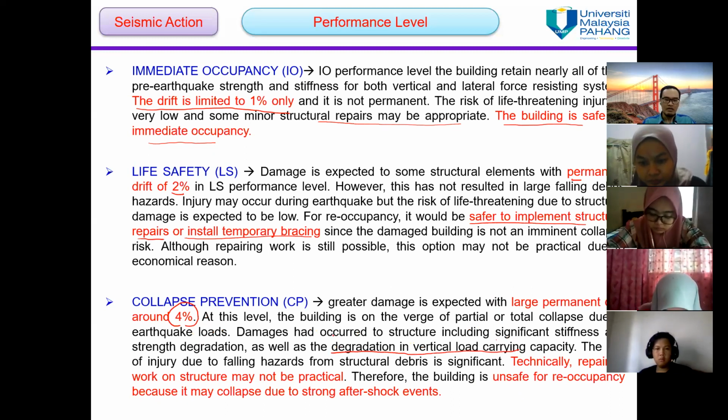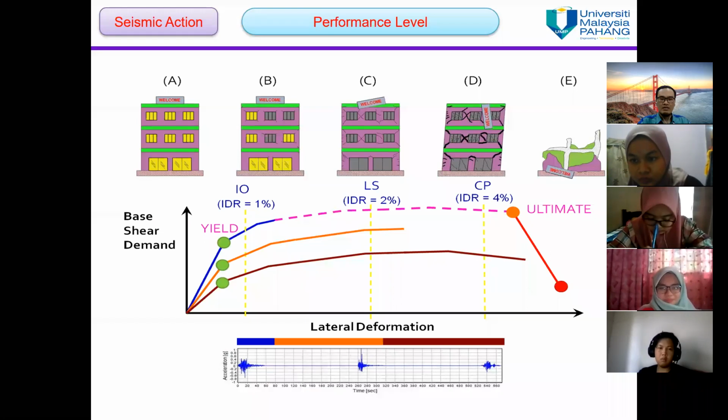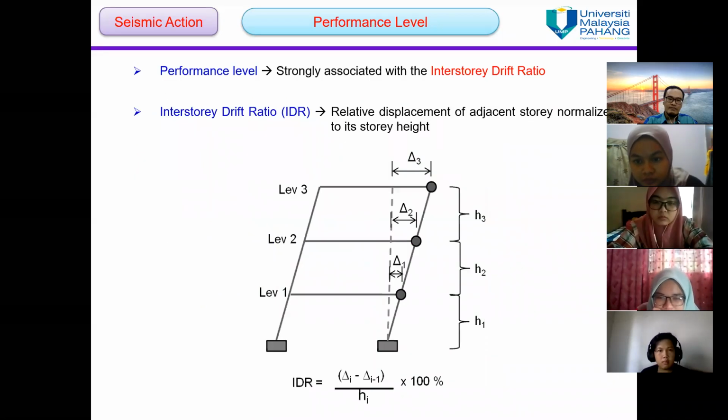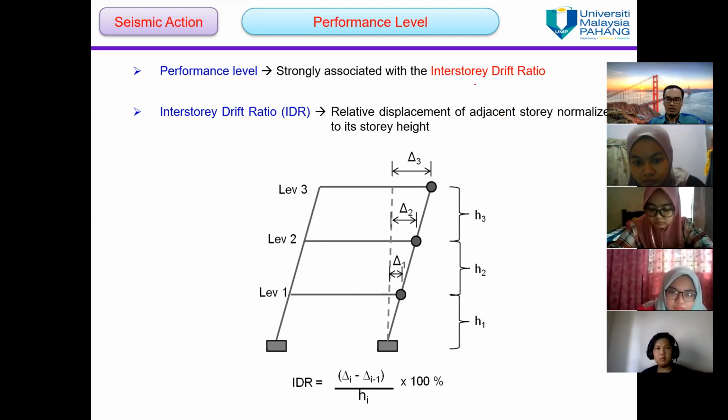Technically, repairing work on the structure may not be practical, and therefore the building is unsafe for reoccupancy because it may collapse due to a strong aftershock earthquake. Okay, you can see the shear demands and the lateral deformations. This is what I mean about the interstory drift ratio.